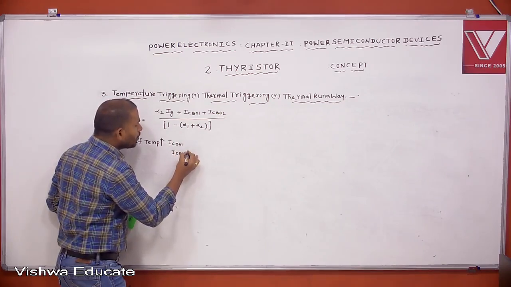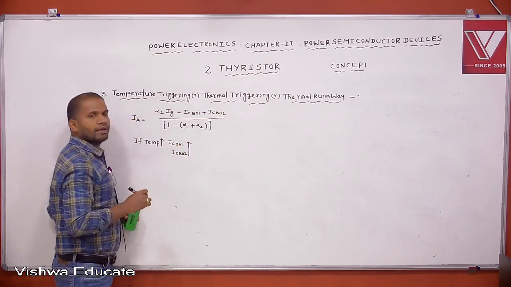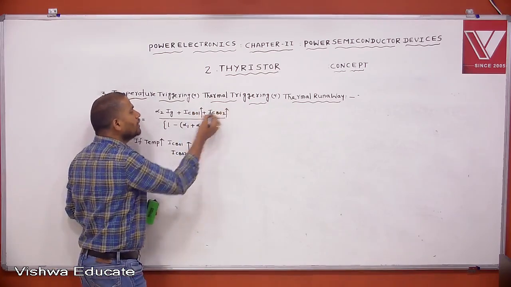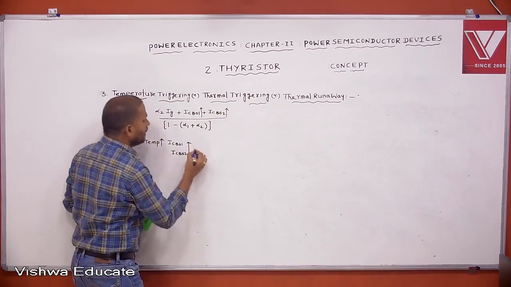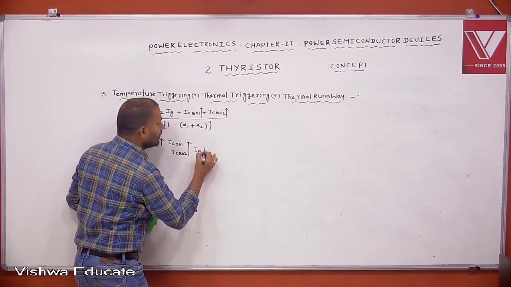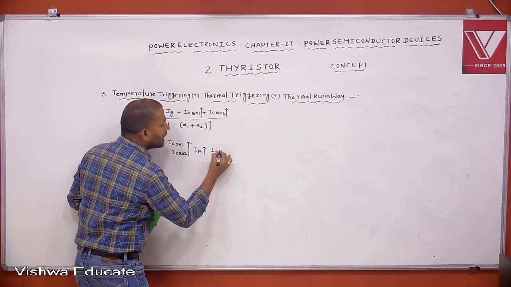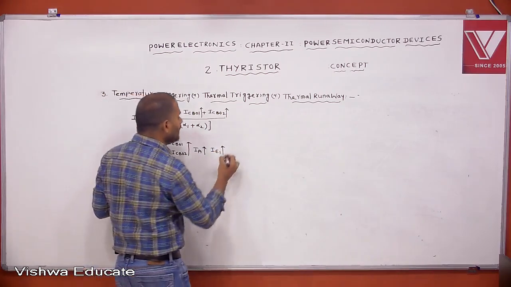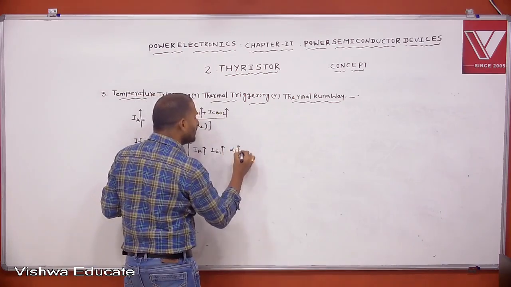Leakage currents are more sensitive to temperature increases. If ICBO1 and ICBO2 increase, IA increases. If IA increases, IE1 increases, because IA equals IE1. Then alpha 1 increases.